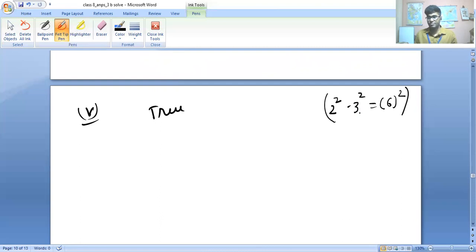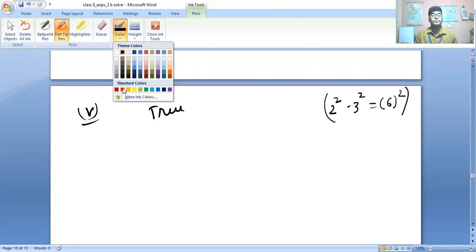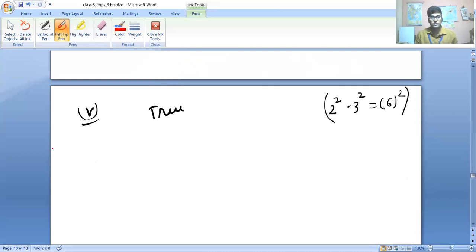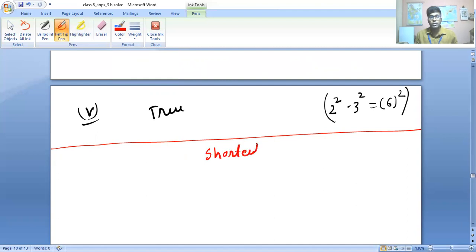Very easy, very simple. We will solve very easily. So let us do that. This chapter is done. So now we will learn the shortcut method to find squares.